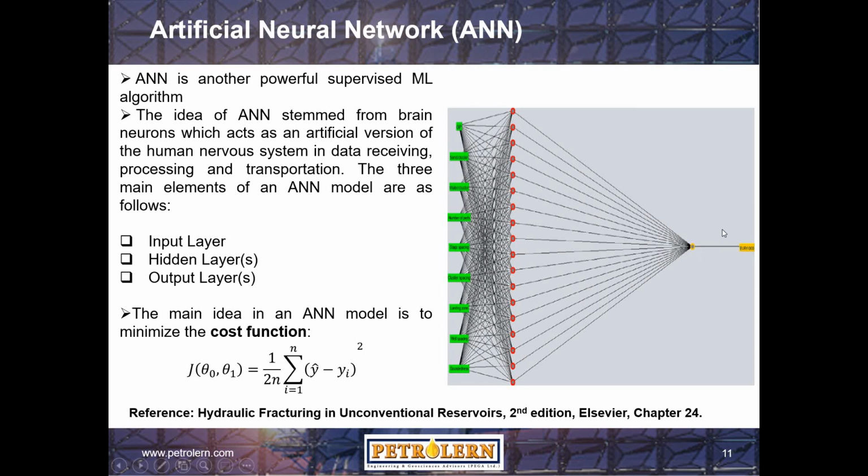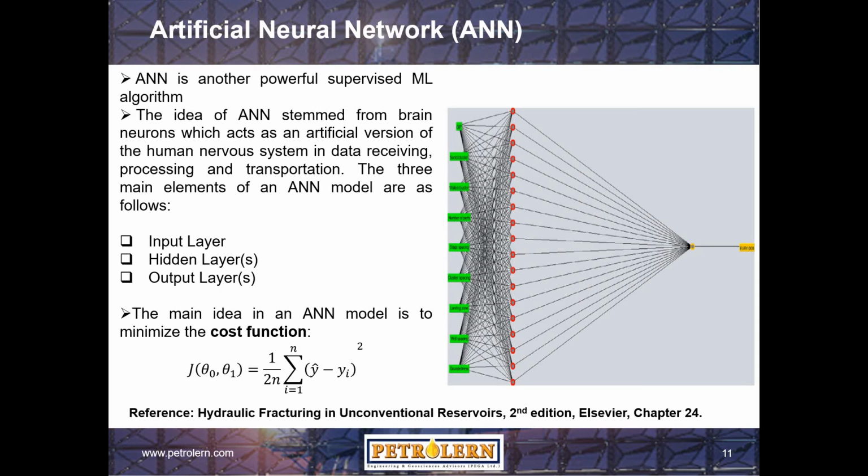I'm going to look at the actual value of my EUR per 1,000 foot, and the actual value is 2.2. So I'm going to go back and adjust the weights and biases of these neurons, and then keep iterating on that model through those epochs, through those iterations, until the cost function is minimized, which means the difference between my actual and predicted values is basically minimized.